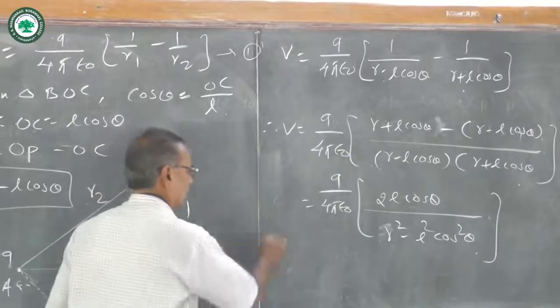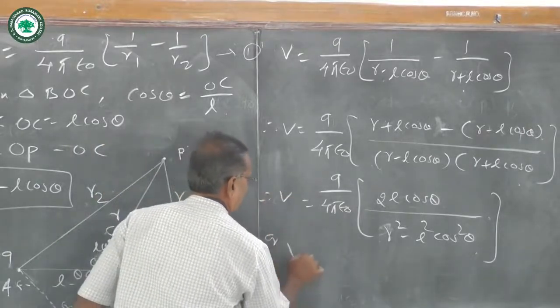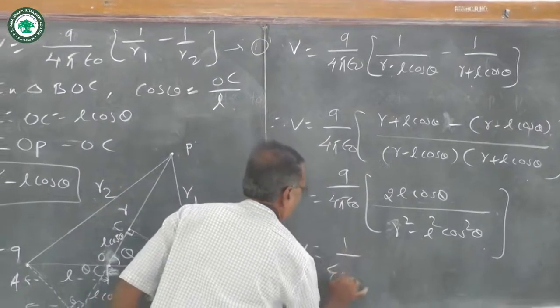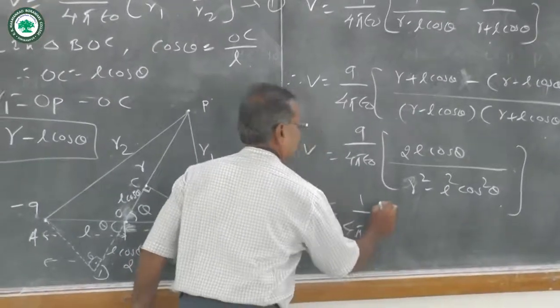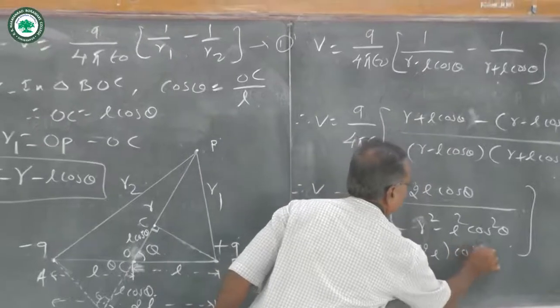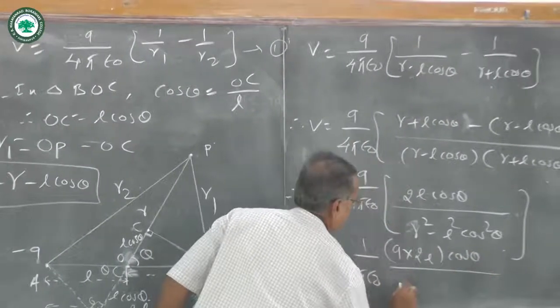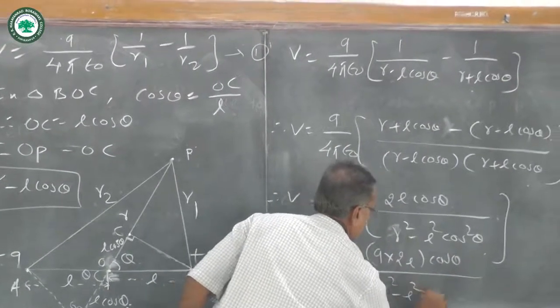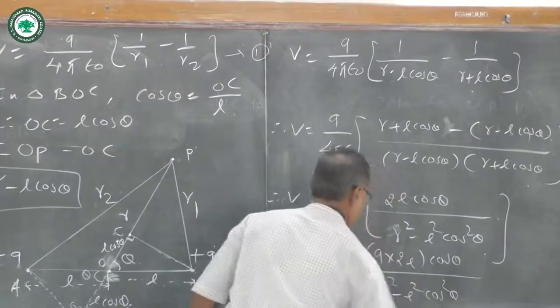Or also we can write it as 1 upon 4 pi epsilon naught, Q into twice L cos theta divided by R square minus L square cos square theta.